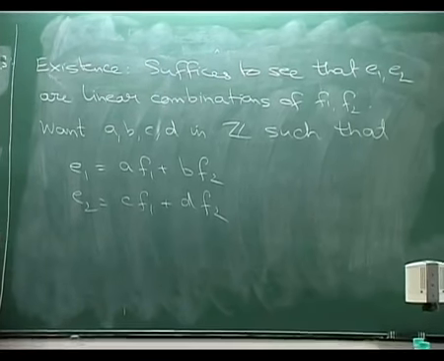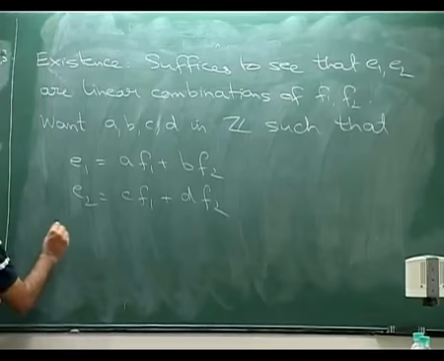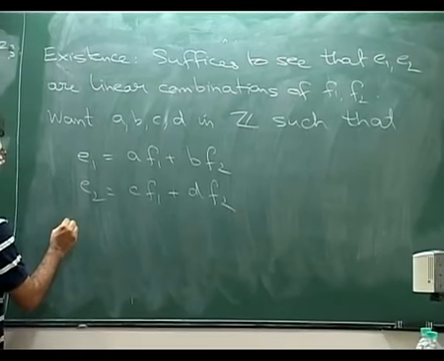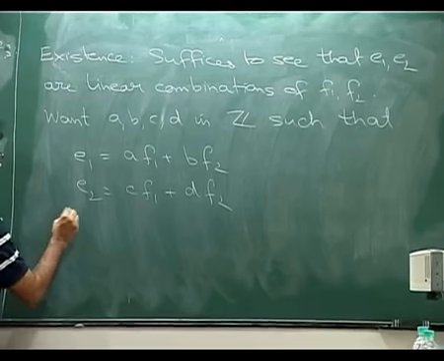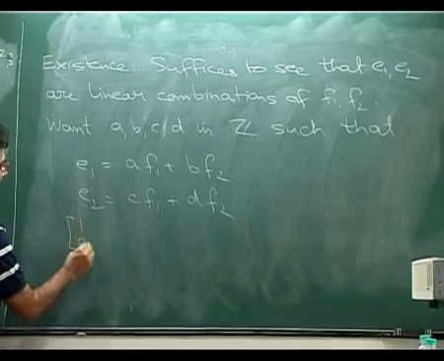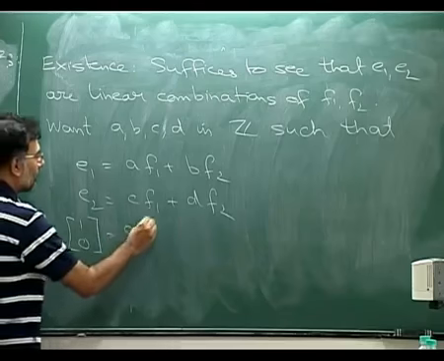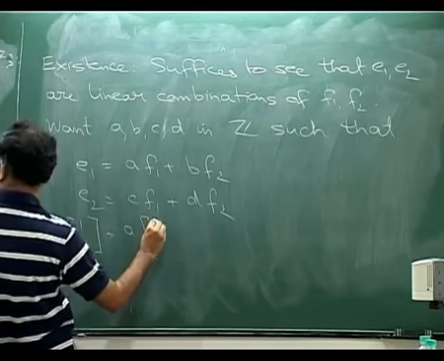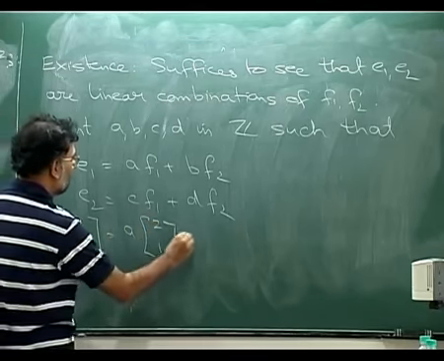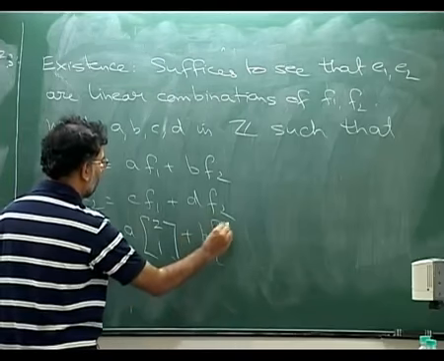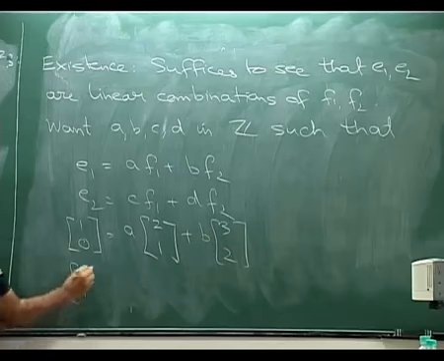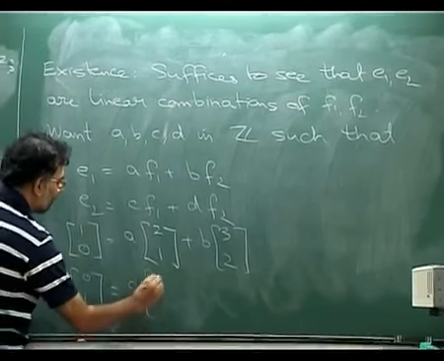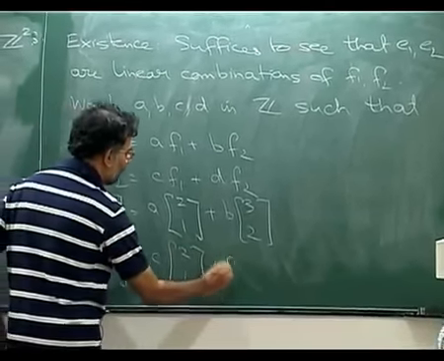Again, if I write this out as an equation, this says that, how shall I say this? So let me write this way. So (1, 0) equals A F1 plus B F2 and (0, 1) is C F1 plus D F2.